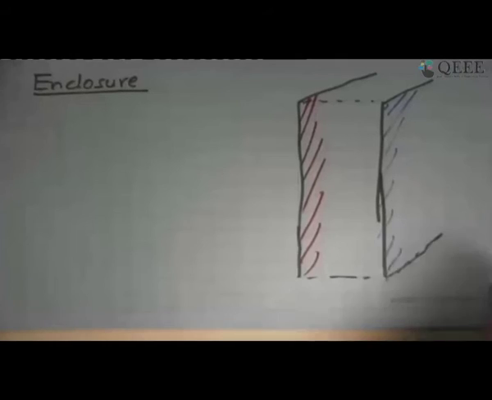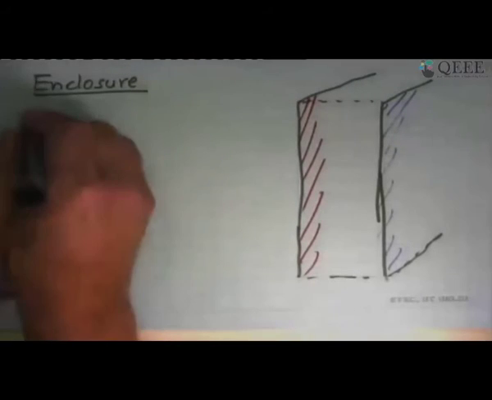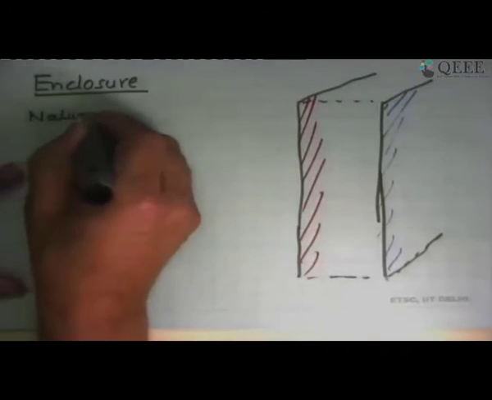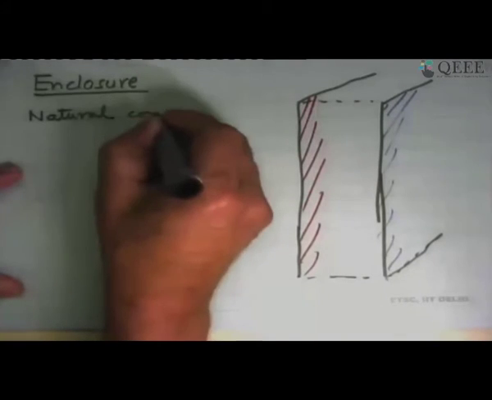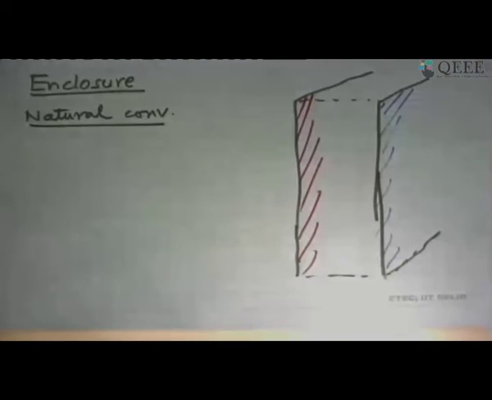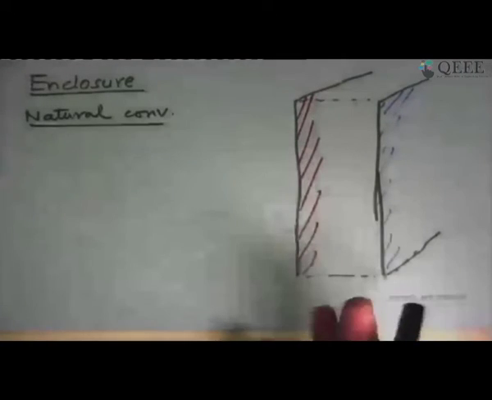And now we come to a slightly different type of heat transfer problem. It's not free convection; now we are strictly looking at natural convection in an enclosure, which means that you no longer have an infinite fluid around the surface.